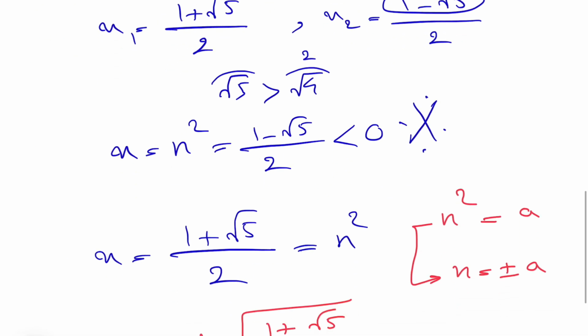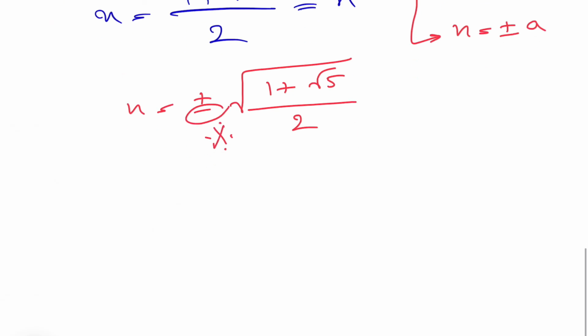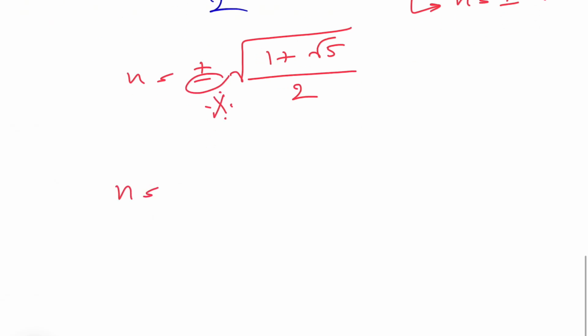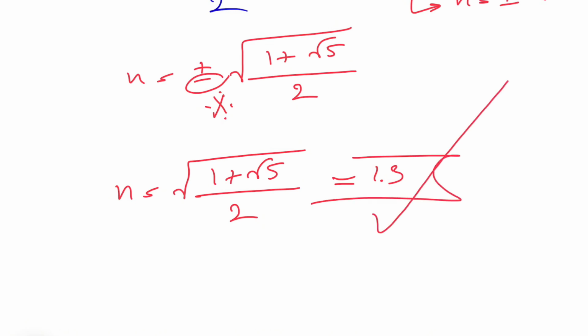The only answer we'll have is the square root of 1 plus square root of 5 divided by 2. If we calculate this, we'll get around 1.3, and that would be the only acceptable answer for this question.